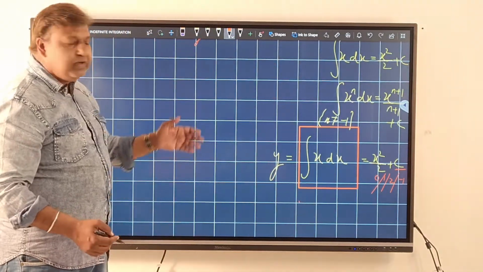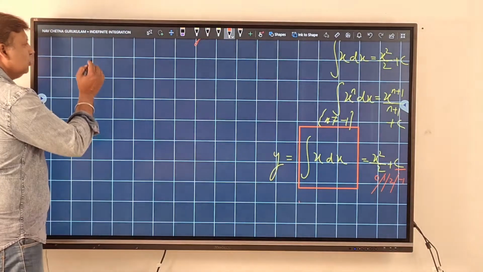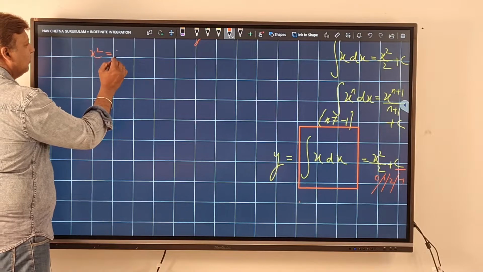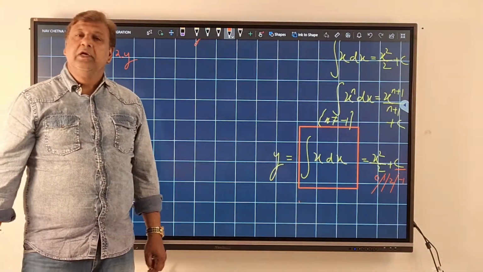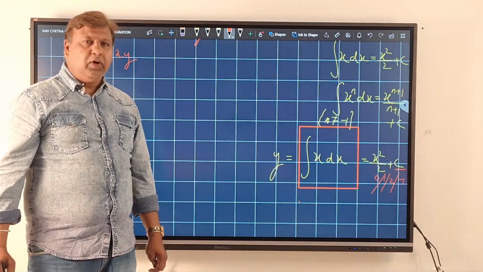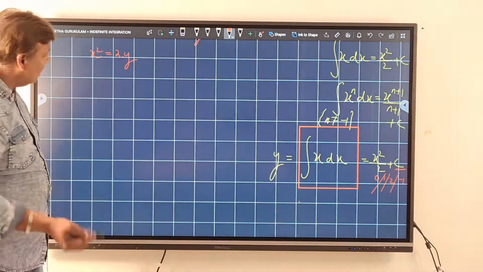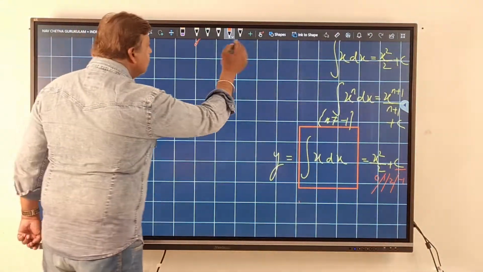Let's see what happens when we take it 0. So when we take it 0, what do we get? We get the function as x squared is equal to 2y. Now, from your knowledge of 11th class coordinate geometry, the chapter on parabola, what sort of parabola is this? It's the upward parabola, isn't that right?